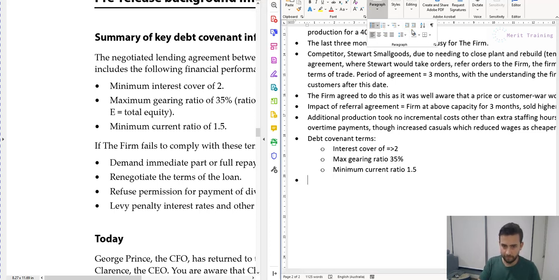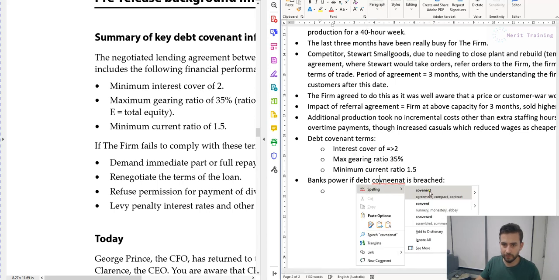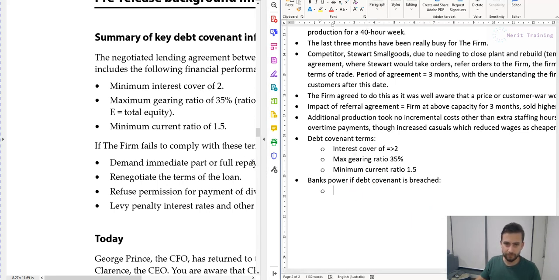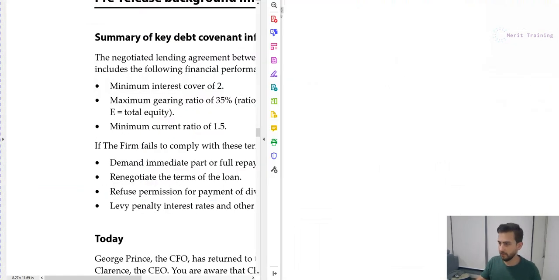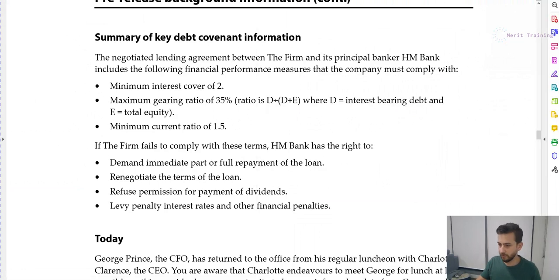Okay, failure: bank's power if debt covenant is breached, and then same approach. So immediate, I'll just move this back to the other screen, a bit easier to read.